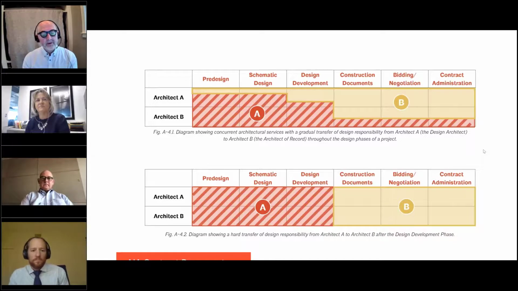We have been involved in the transfer package scenario on multifamily projects here in Seattle, and have often been, the owner says, okay, I've got a design architect, then they're going to do a transfer package, they're going to hand it over to you, but there's no discussion with the design architect. There's no real opportunity to review that transfer package before we have provided a proposal.